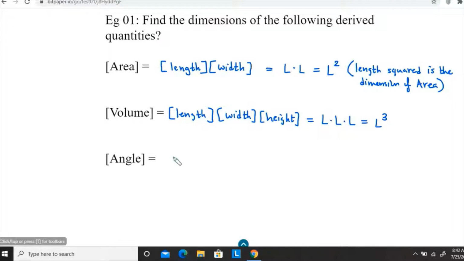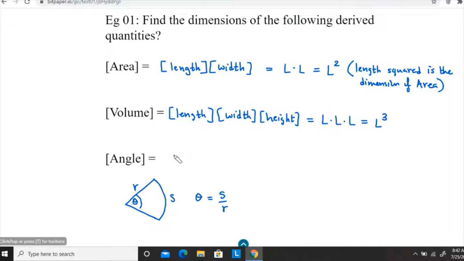Now let's look at dimensions of angle. So if you recall from my video 1, I defined angle as the arc length divided by the radius. So if this is angle theta, and let's say that this is the radius and this is the arc length S. So theta is defined as arc length divided by radius, where theta is measured in radians.